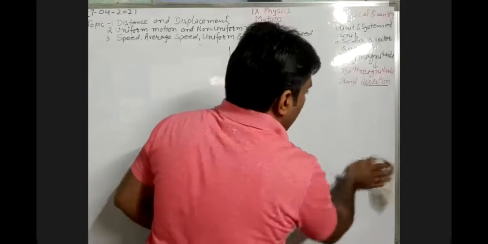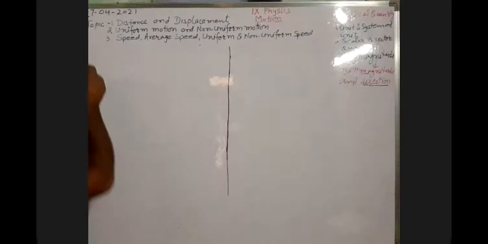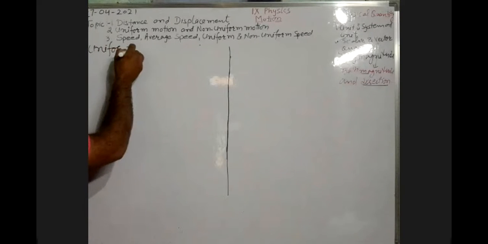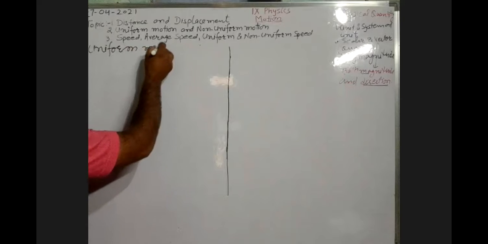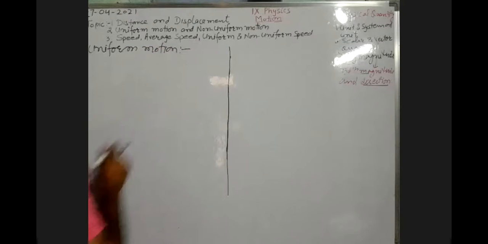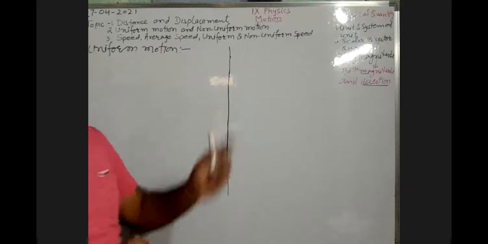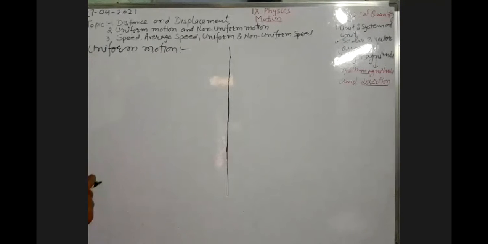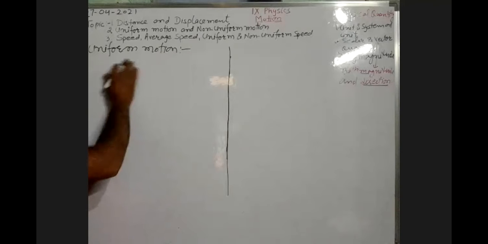So uniform motion. Actually, motion is movement. When an object changes its position from one point to another point, then the object is said to be in motion. And what kind of motion is uniform motion?